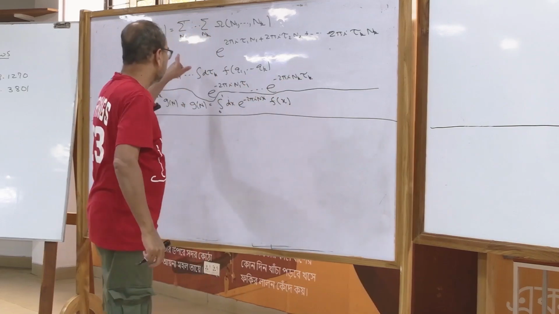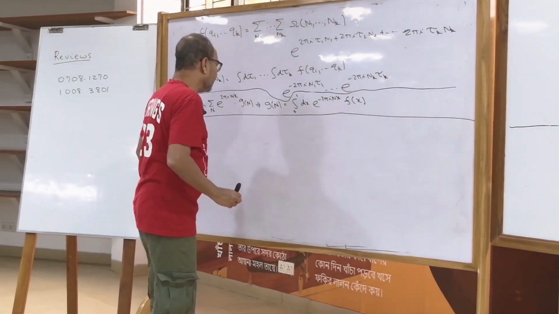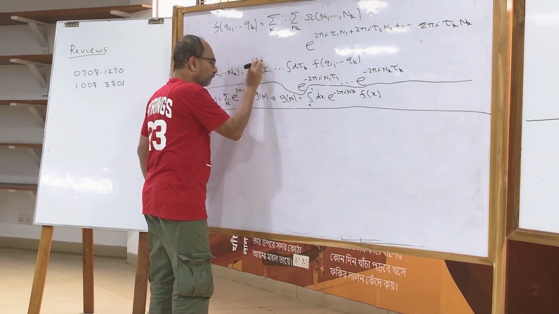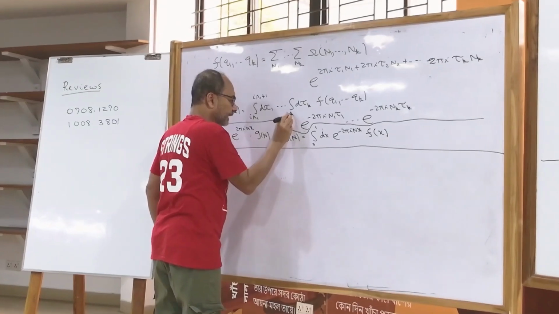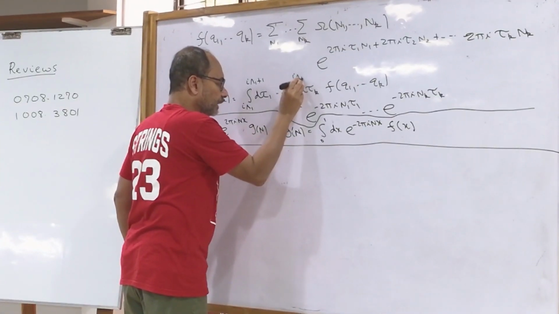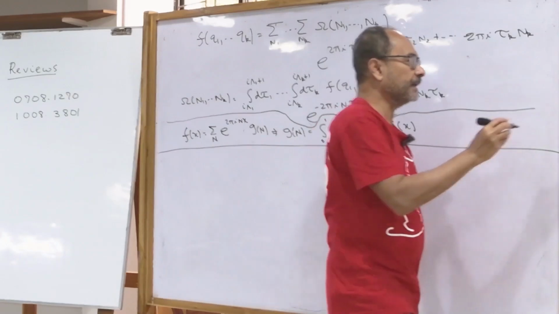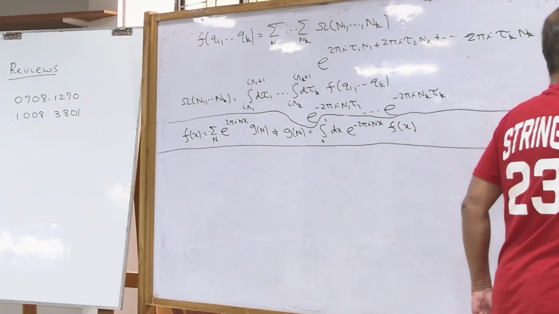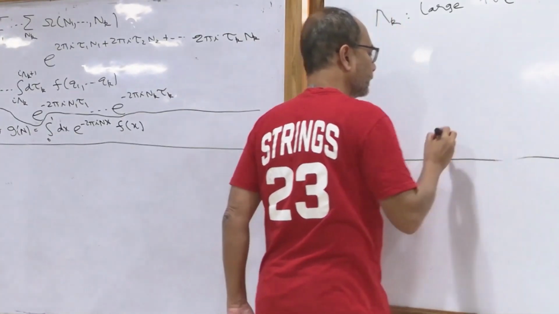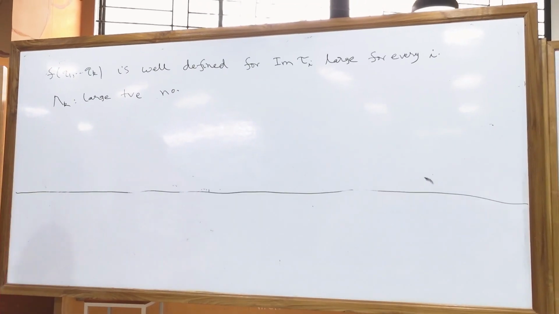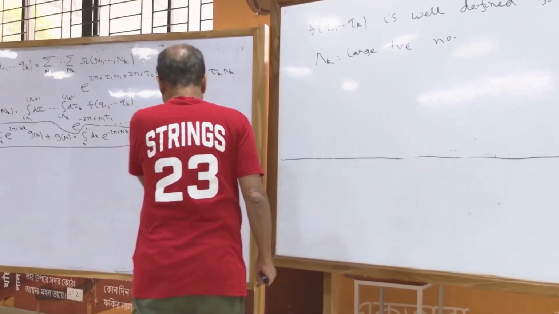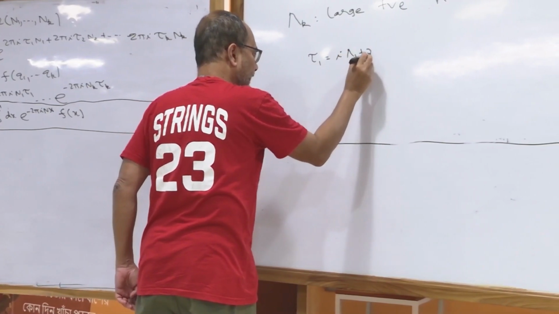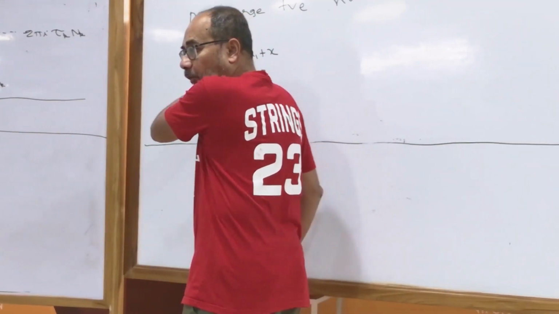So, then this integral I write from i lambda 1 to i lambda 1 plus 1, up to i lambda k to i lambda k plus 1, where the lambda k's are large positive numbers, very large. Imagine that tau 1 is i lambda 1 plus x, and you are integrating from x equal to 0 to 1.